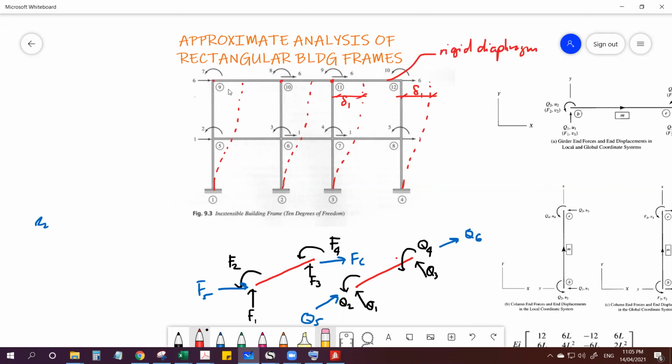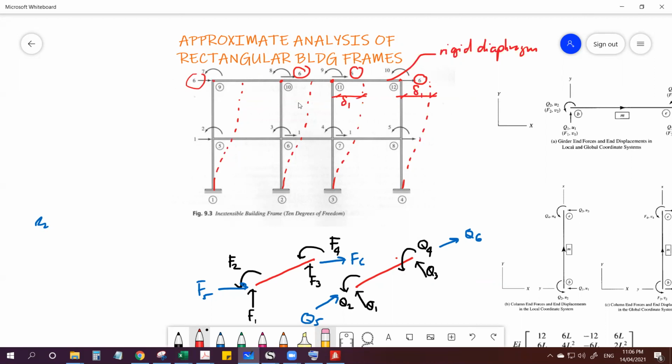Okay. Now it is justified to assign a code for degrees of freedom at these 1, 2, 3, 4 rooftop nodes as the same, like say 6. Okay, we can assign them a single degree of freedom.